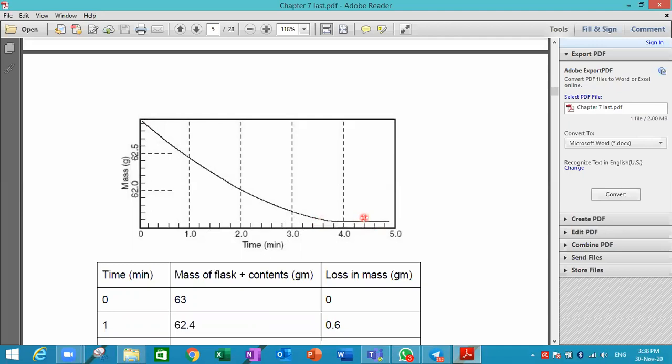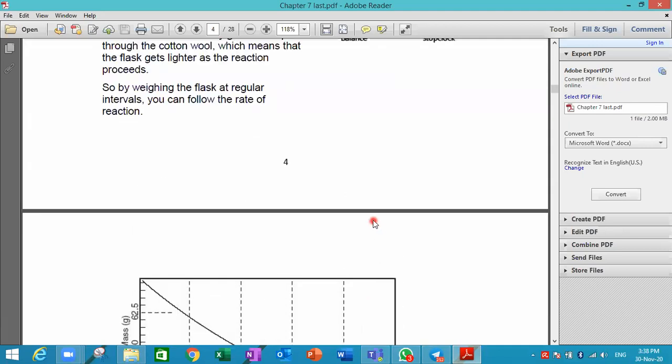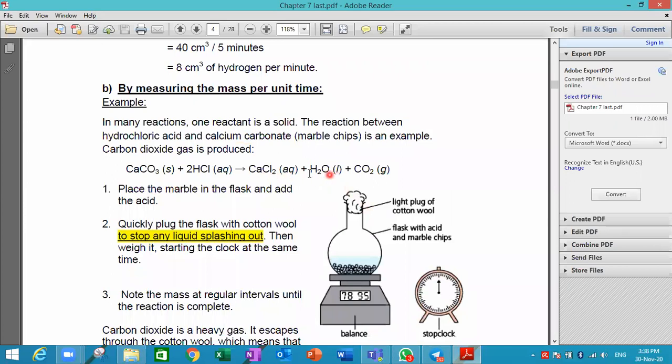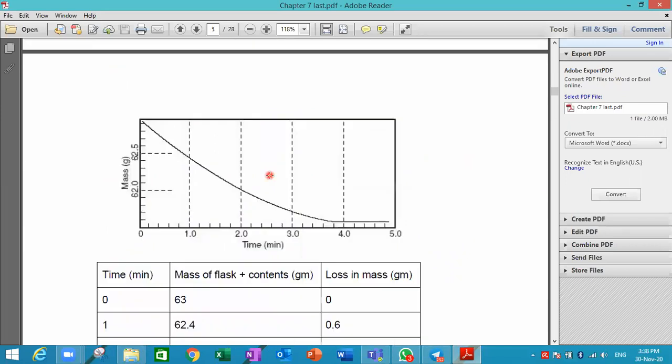This is the mass of the remainder of the reaction. Calcium chloride and water will still remain in the reaction vessel. They will not escape, so we will not get a zero mass, but this mass will stay at a certain value and will not decrease more.